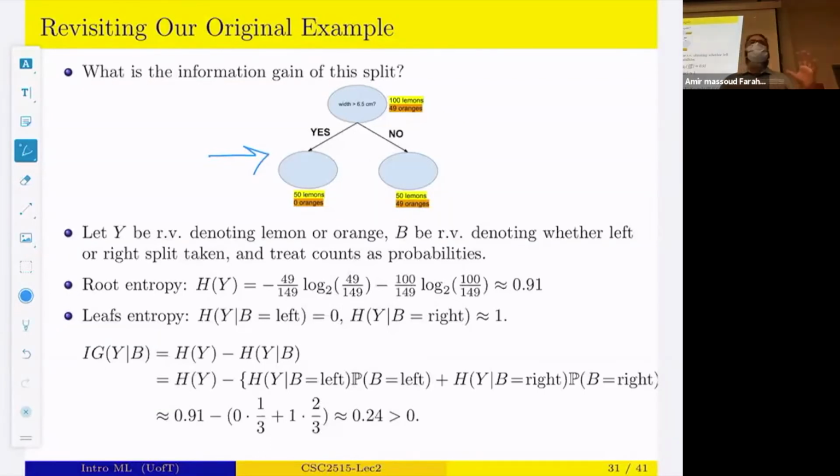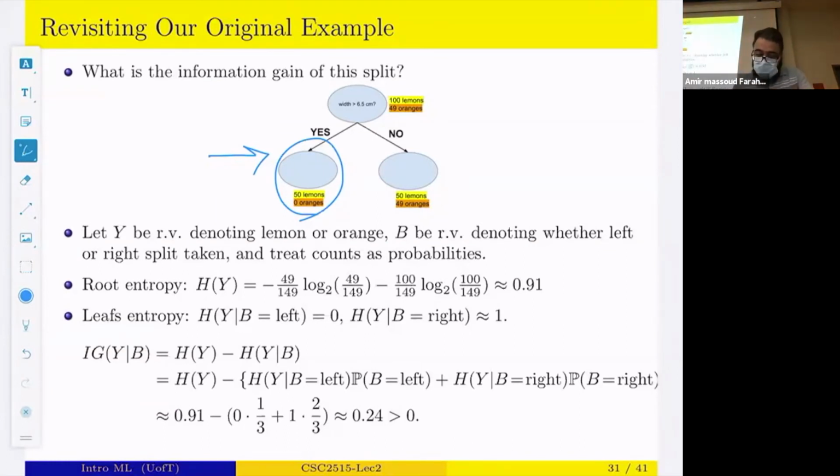Let's talk about uncertainty here because our uncertainty should decrease a lot. So what we want to do is use information gain or mutual information as the criteria to decide whether we want to split or not.